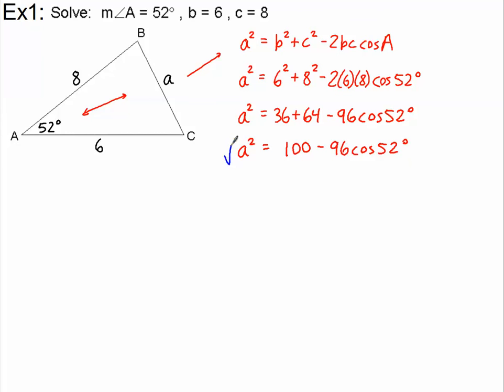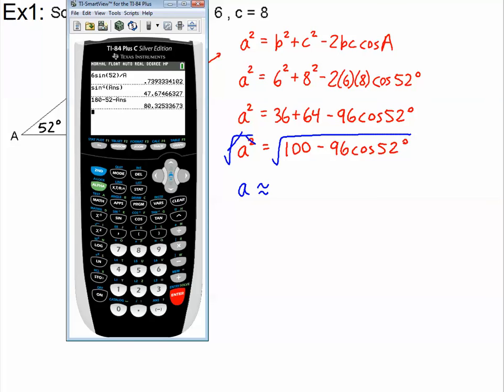Okay, so we need to solve for a, and I'm going to take the square root of both sides so that a squared turns into a, and I'm going to have approximately whatever this says from our calculator. So let's get our calculator out. I have the square root. In my calculator, I have the better operating system that has the square root and the cursor is right underneath there.